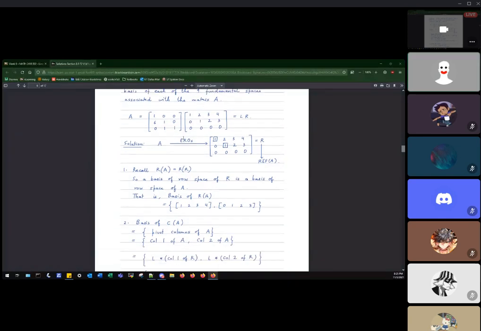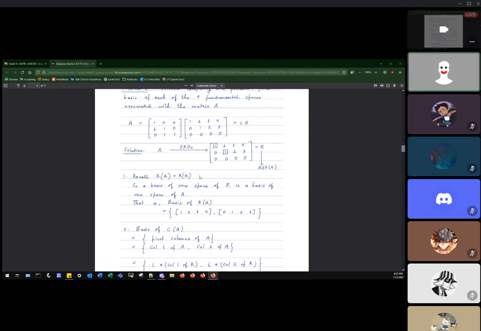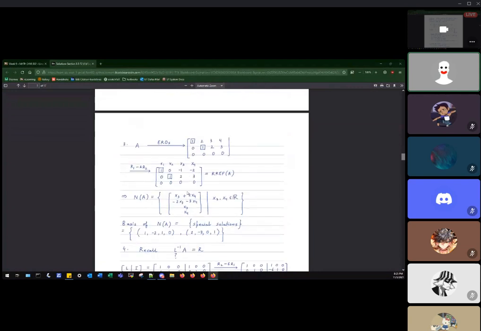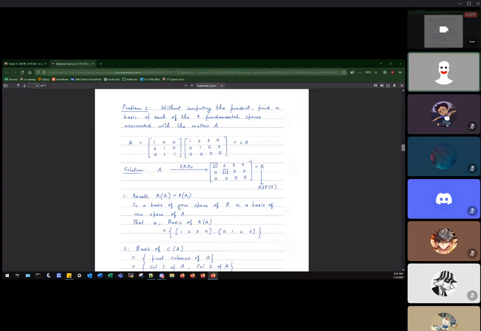It's okay. And the null space is found by just, well, the null space of the product should be the same as the null space of this matrix, for the same reason as that for finding the row space.